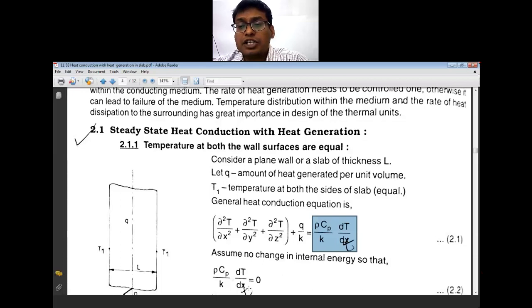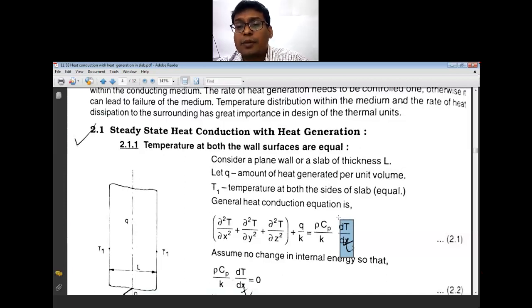Always remember that change of any measurable quantity, in this case temperature, where capital T is the temperature and small t is the time. We are taking into account the variation of temperature with respect to time.